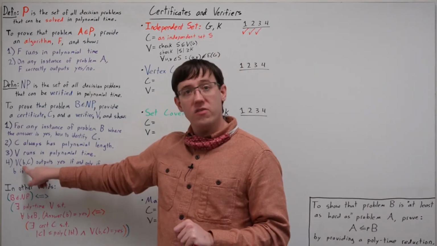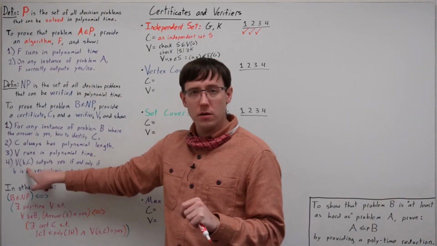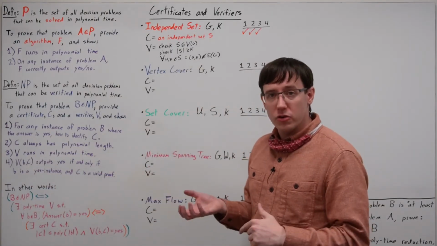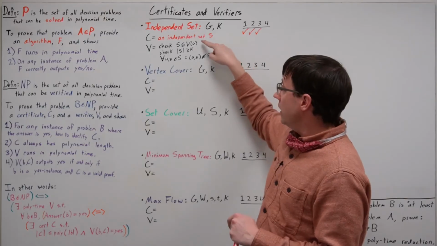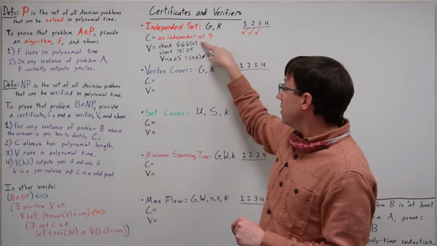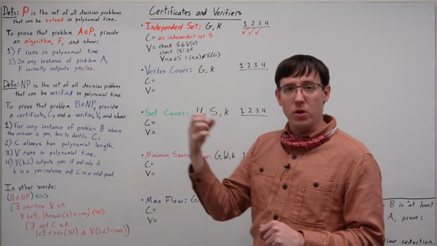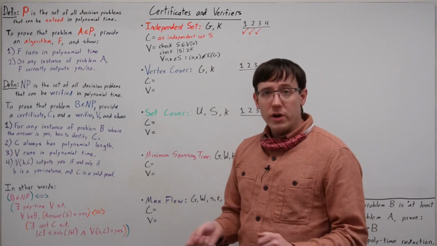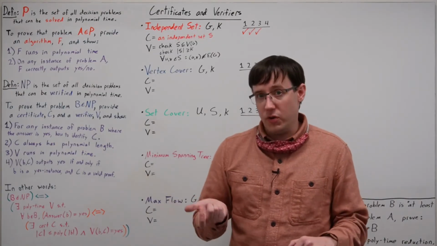But what if we gave a yes instance with a valid certificate? Well, that valid certificate would be an actual independent set, and so that independent set would pass all of these checks, and we would output yes. Or what if we gave a yes instance and an invalid certificate?